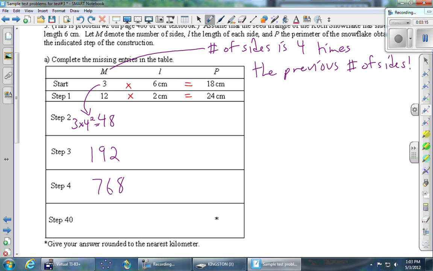And this next one here is really 3 times 4 cubed. You can check that calculation, you'll see that it's right. So this is really the pattern here. It's really 3 times a bunch of 4s. How many 4s is just the same as whatever step you're on.